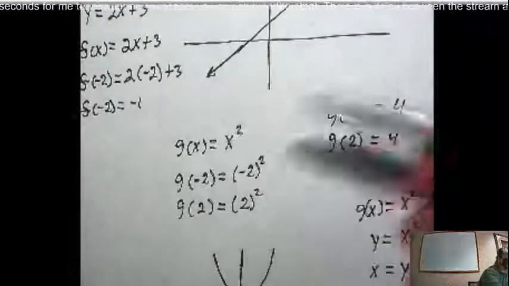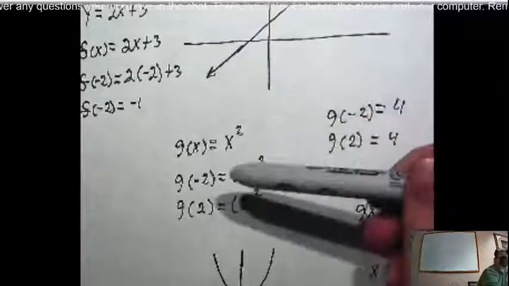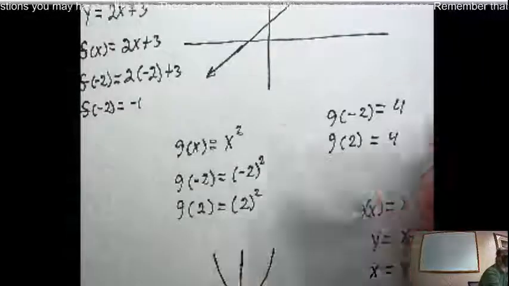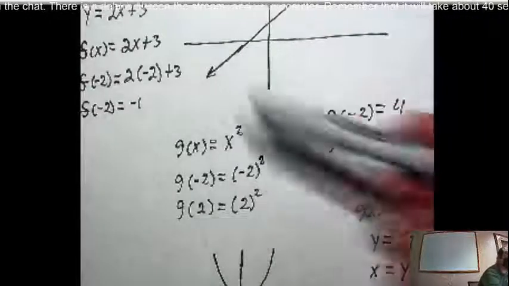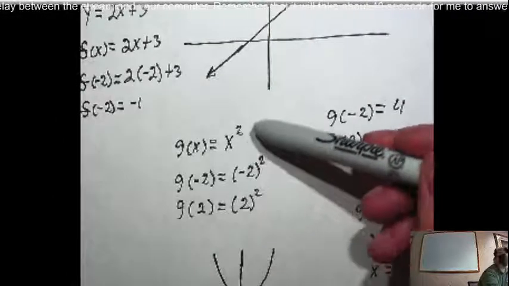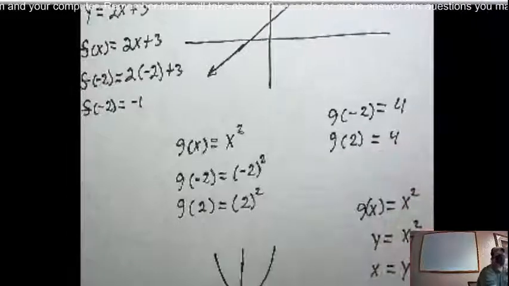If I multiply it by 2, it's going to increase y by 2. So it'd be the same as this, it's just that the y values would be increased by 2. If I divide this by 2, it'd be the same as this, but the y values will be divided by 2.